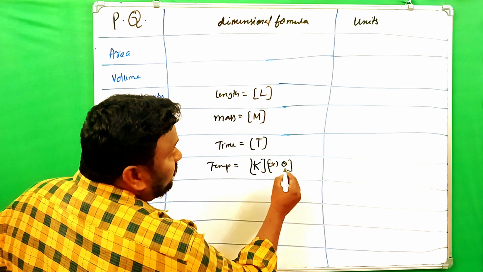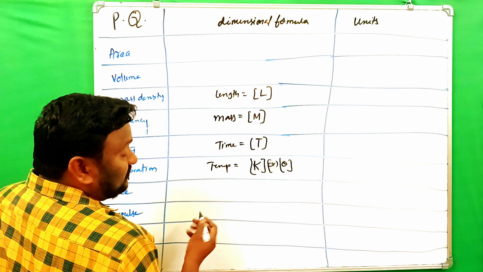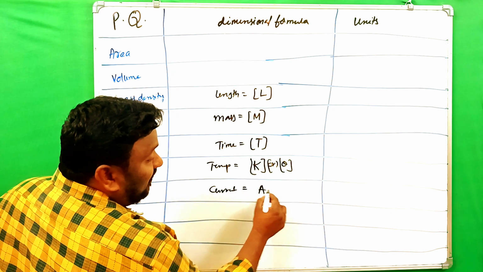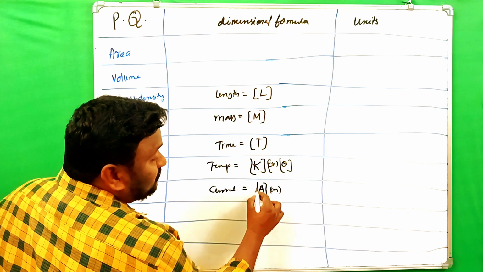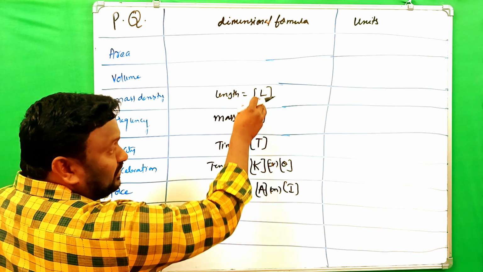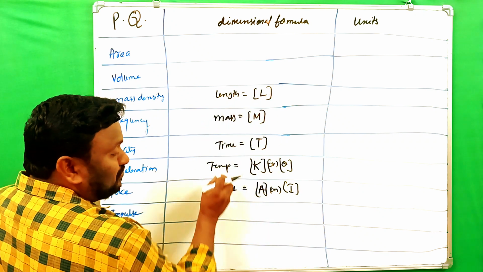So you can use any one of these two, K or theta. And current, A or I. So these are the dimension formulas of base quantities you have to remember.